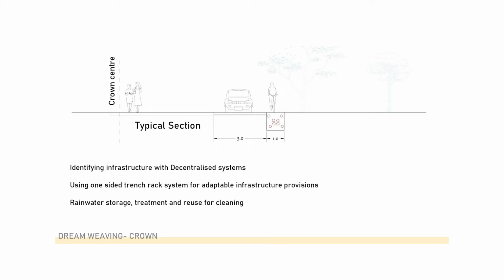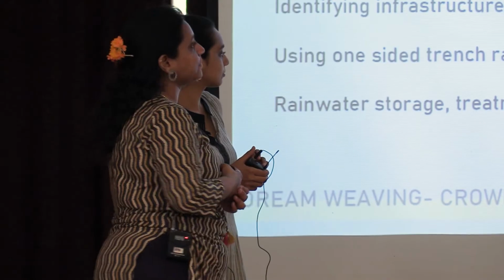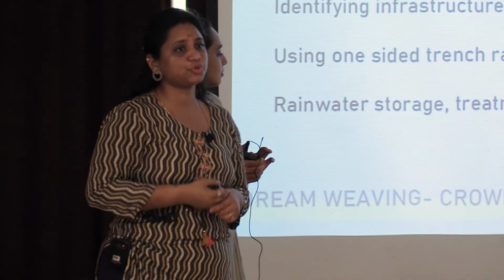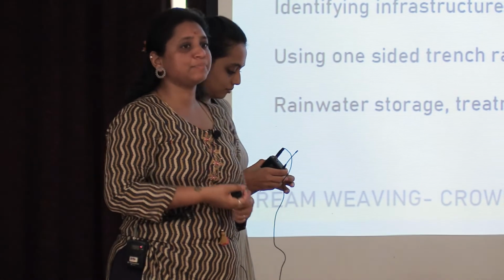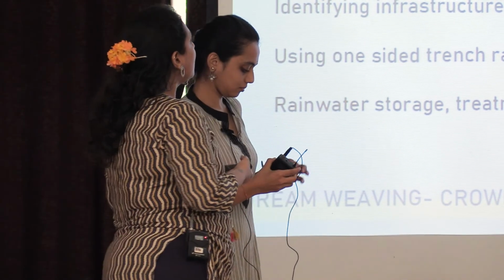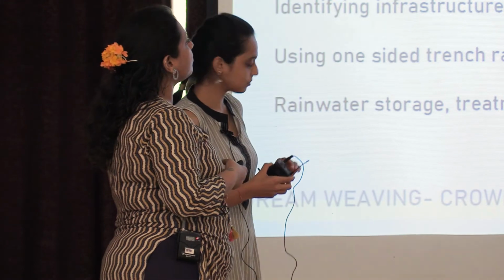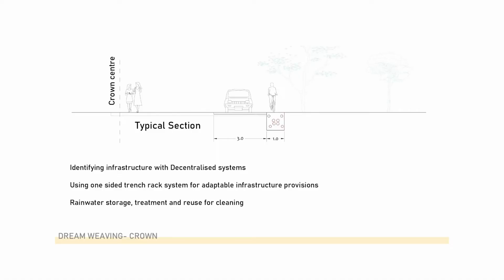Yeah, so before we move further, we also thought this is a good recap to give. While working on this exercise, we took this as our typical section, where we looked at how some of the infrastructure could be decentralized, for example the water and sewage. And for the other infrastructure, we could look at something like the trench rack system.